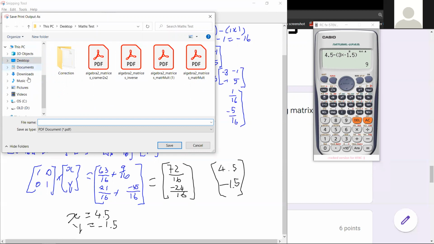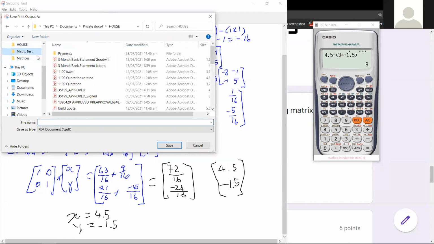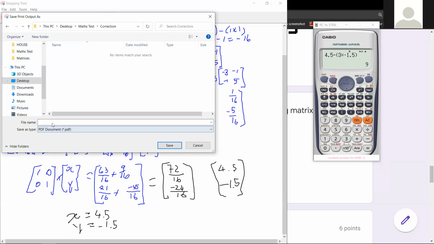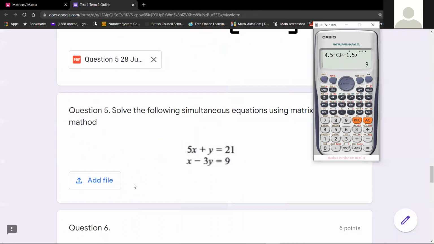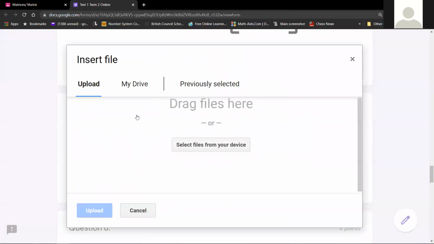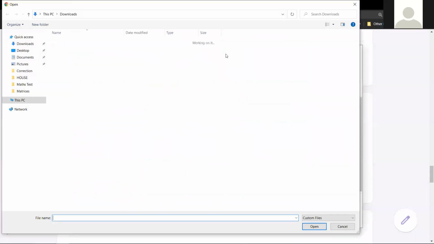and take it here. This is question 5. And once I have that as a PDF, then here add the file. Then I just select from my device.